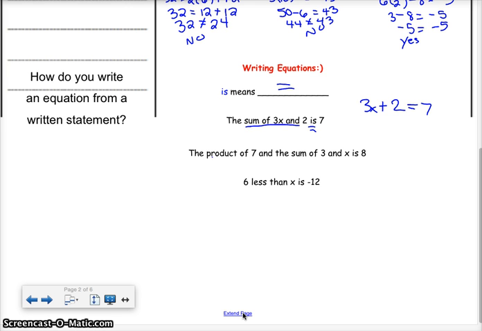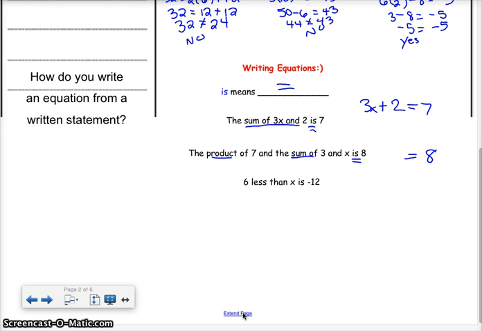The product of 7 and the sum of 3 and x is 8. Notice I'm marking the text here. I underlined the 2 vocabulary words, and then I put an equal sign under the is. So I know it should be equals 8. And back in Unit 1, when we had 2 vocab words, that means you need parentheses.